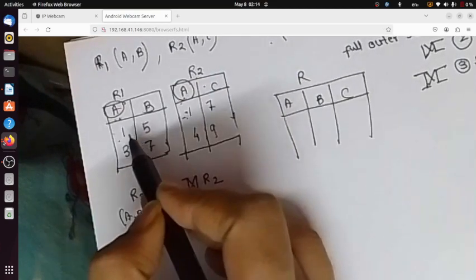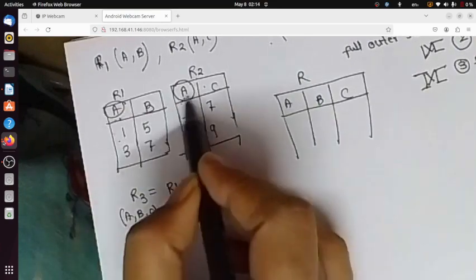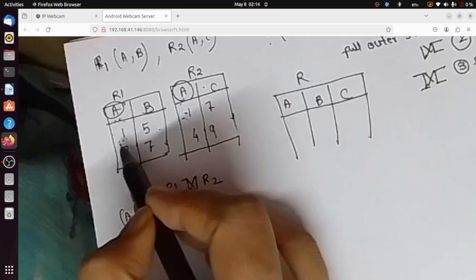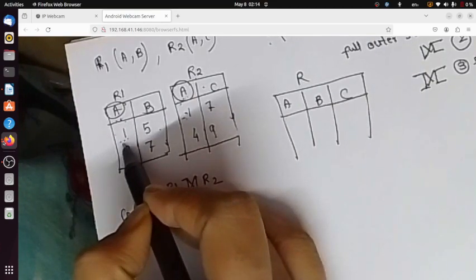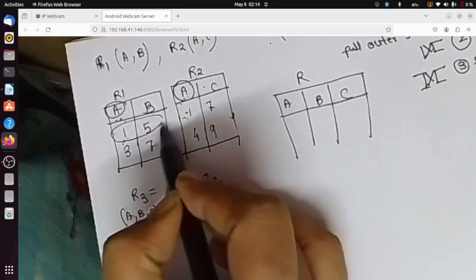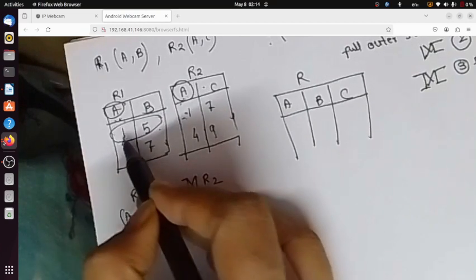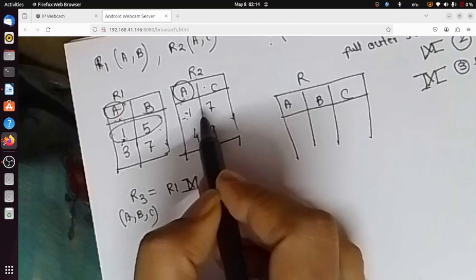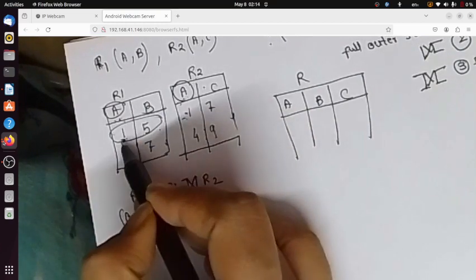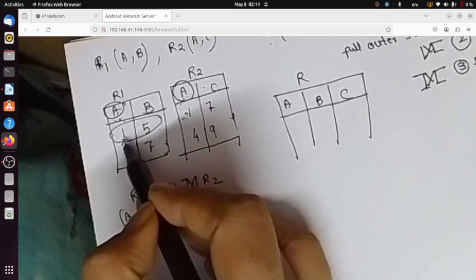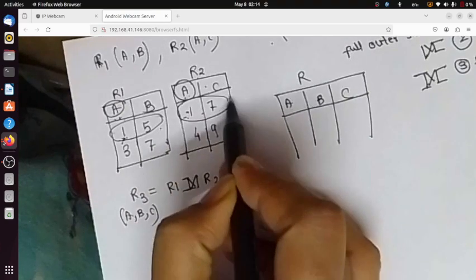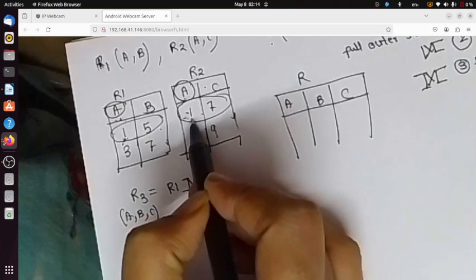For example, the common column is A, and here one of the records is 1 5. The value of A in R1 for this record is 1. Now in R2, there is also a matching record for which the common attribute A has the same value 1.